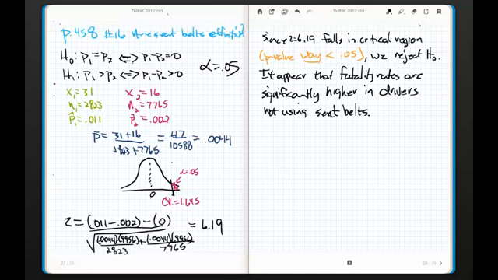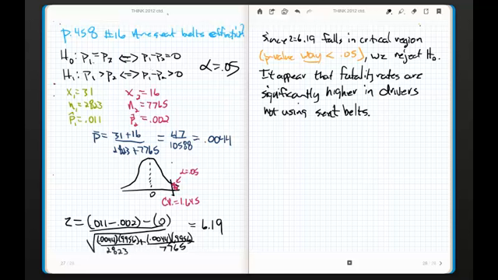Hopefully you ended up with something like this. Are seatbelts more effective in saving lives? I think in the problem it says, is there a higher rate of fatalities in drivers that don't use seatbelts?